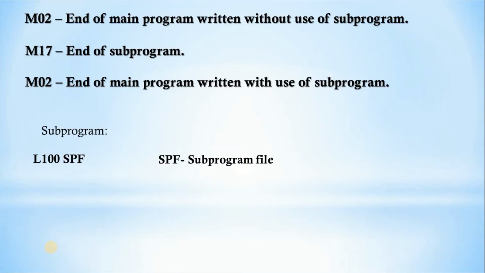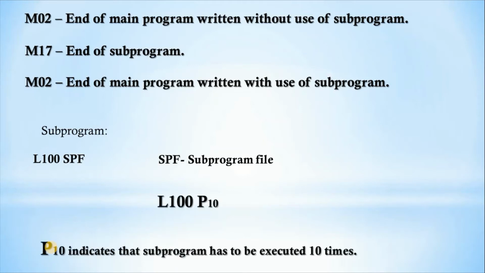The length of the name of a subprogram can be up to 64 characters consisting of alphabets and numbers, but it starts with the letter L. SPF is a subprogram file. So L100 P10 implies that the subprogram has to be executed 10 times.